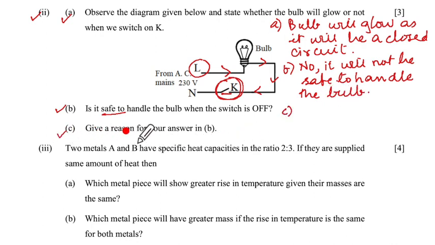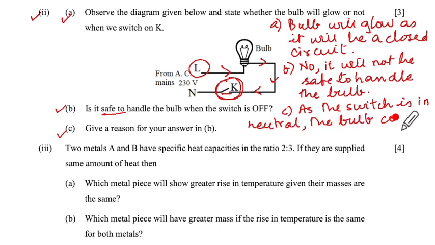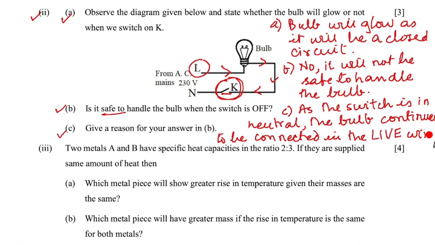Part C says give the reason. The reason will be: as the switch is in neutral, the bulb continues to be connected in the live wire at high potential.